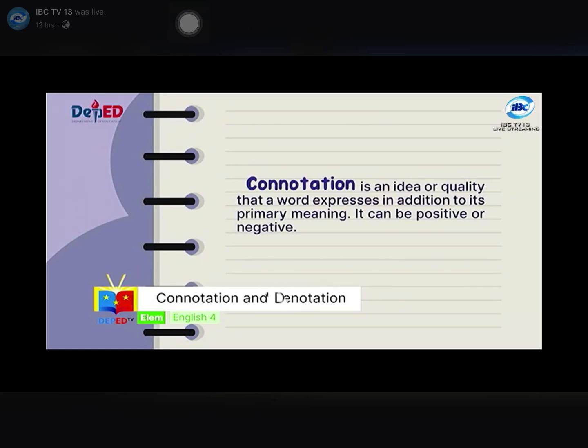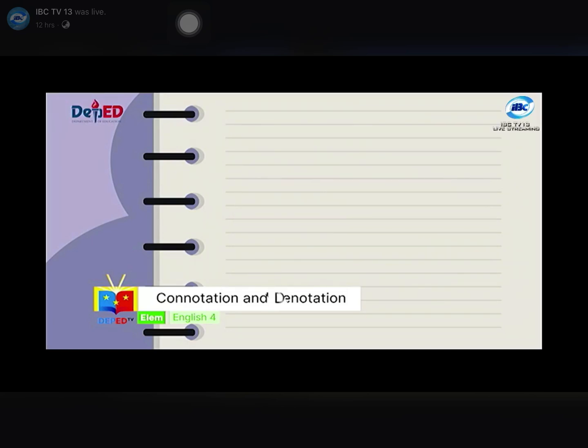It can be positive or negative. Let me give you some examples. Number 1. She is a snake. A snake symbolizes being a traitor. Therefore, the sentence is connoting that she is a traitor.